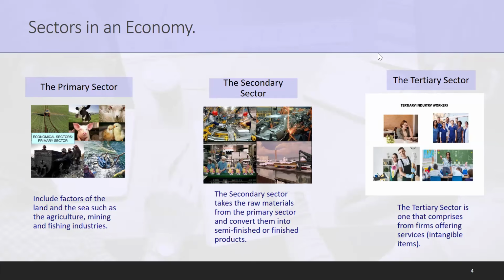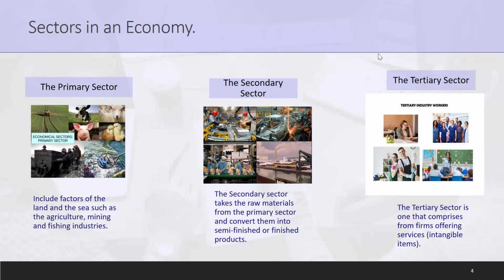Now let's look at the sectors in the economy. And if you're doing POB, you're getting to learn something twice. We have three sectors: the primary sector, the secondary sector, and the tertiary sector. The primary sector is the extractive sector.